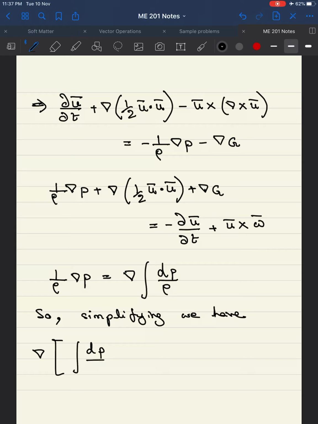This is del p by rho plus half u vector dotted with the u vector plus g, okay, and this is equal to minus del u del t plus u cross omega.